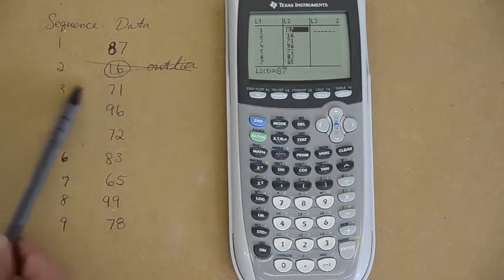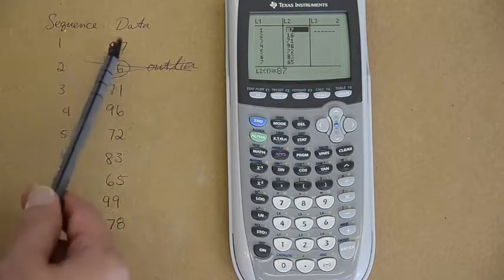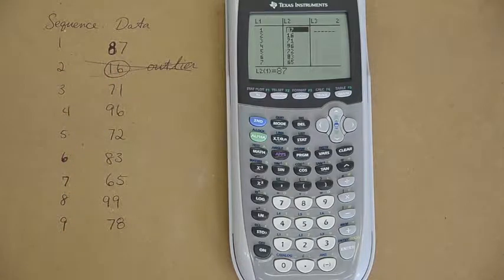Clearly we can see the outlier happened early in the data collection process, so it's probably because of user error, or if it's testing purposes, maybe just not knowing what to expect on tests, or if it's an experiment, maybe user error or miscalibration of tools or something like that. But we're going to identify this outlier with a time plot using our calculator since, again, we only have 9 pieces of data, and I don't want to type a bunch of stuff in while I show you how to use your graphing calculator.